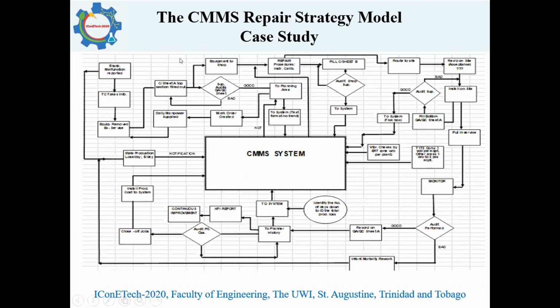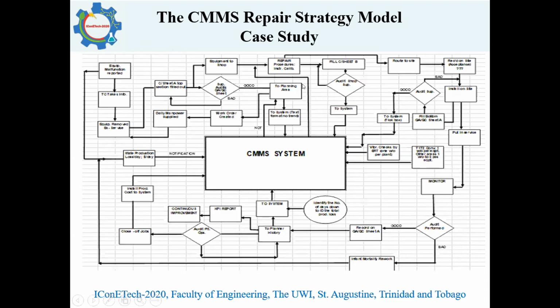And this here is a case study. You would need to look at the report or the paper to see the fine writing, but just look at this: when the equipment has a problem in the field, information is then put into the CMMS. When it is sent for repairs, that information is pulled from the CMMS and it is then repaired.